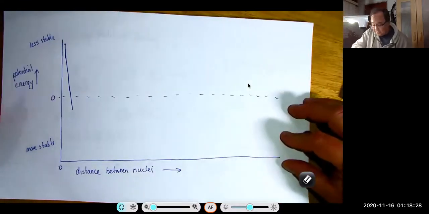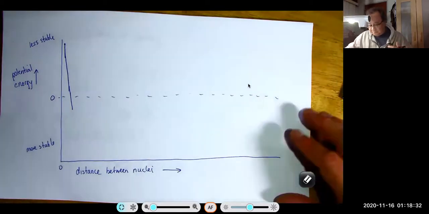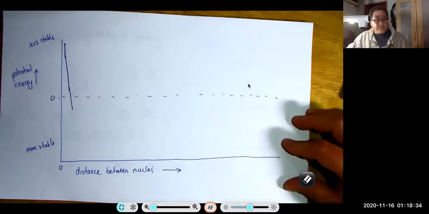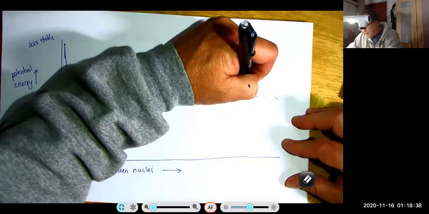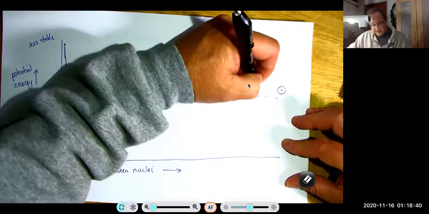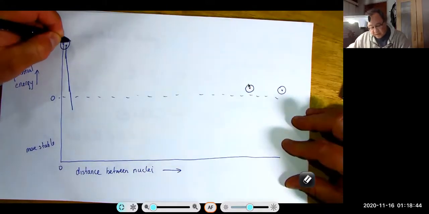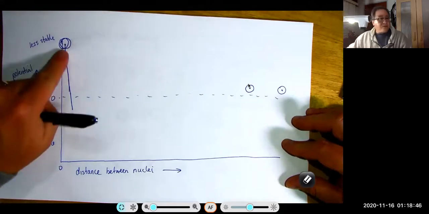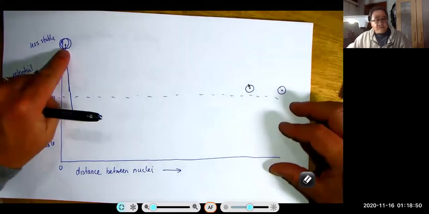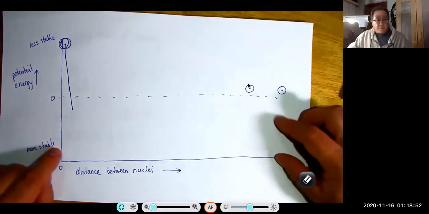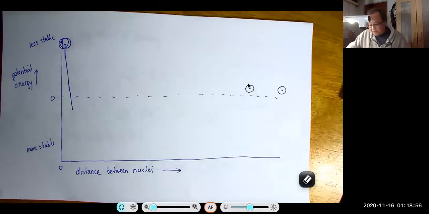So this means that there is no attractive interaction between the two atoms, and there's no repulsive interaction between the two atoms. Here, the two atoms are very far apart, and here, the two atoms are essentially right on top of one another. So here, they're too close together. Here, they're too far apart. Very close together, very unstable. Very far apart, no energy relationship between the two.